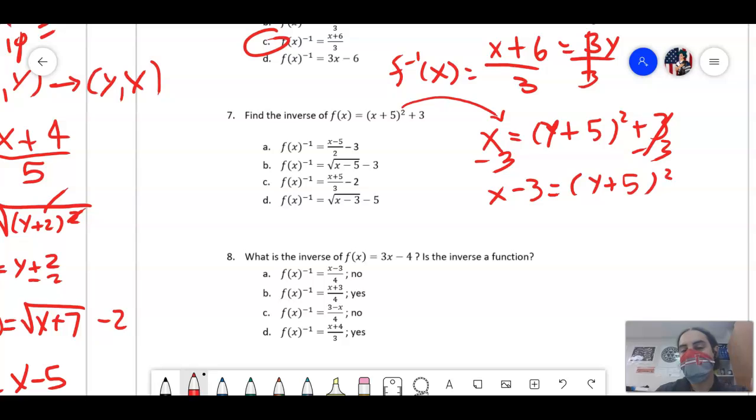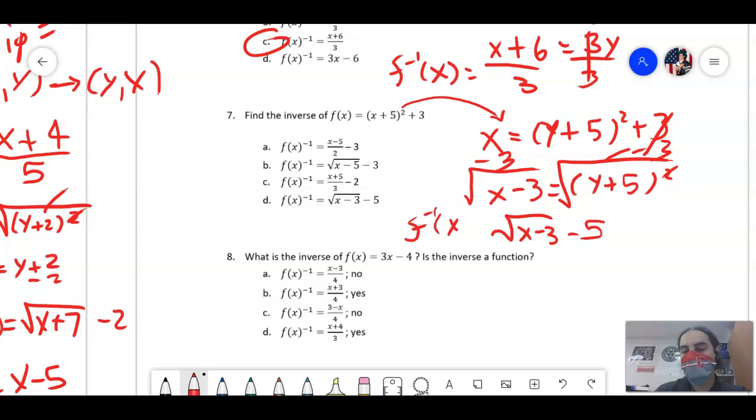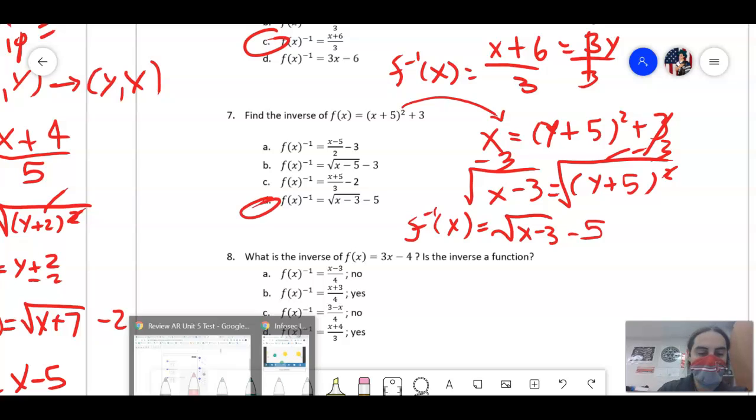And get rid of that square with a square root. So I'll bring that down, x minus 3 under the square root sign. To get rid of that plus 5, I subtract 5. That is my inverse: the square root of x minus 3, minus 5. So that would be letter D.